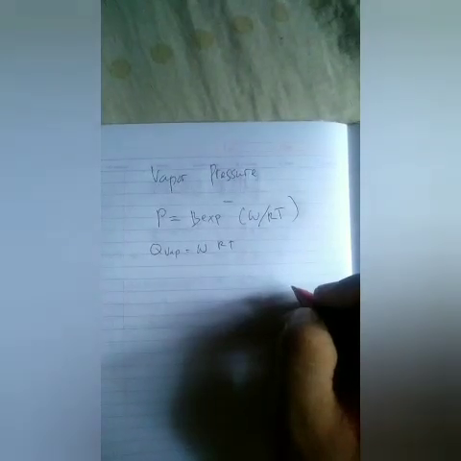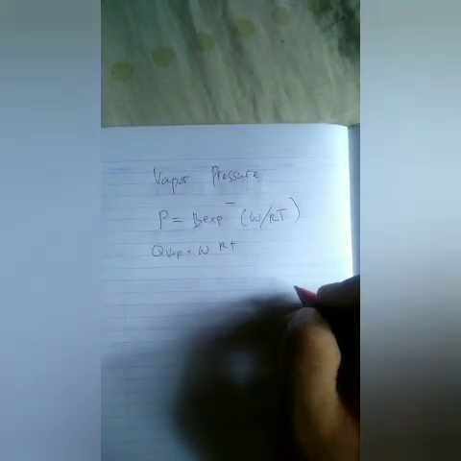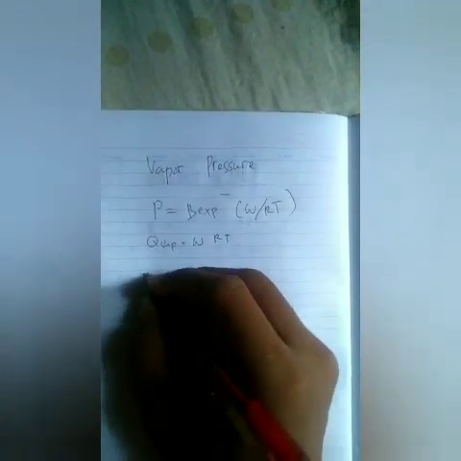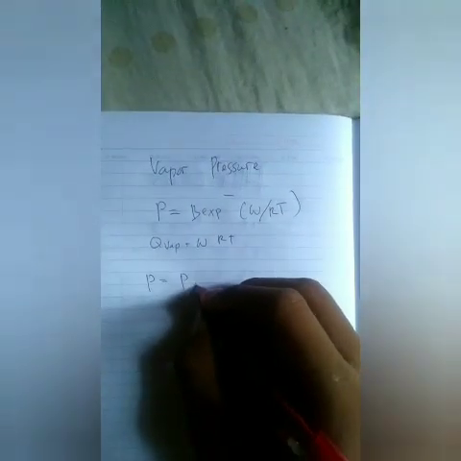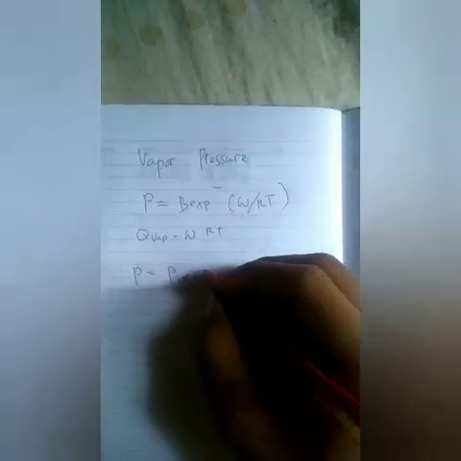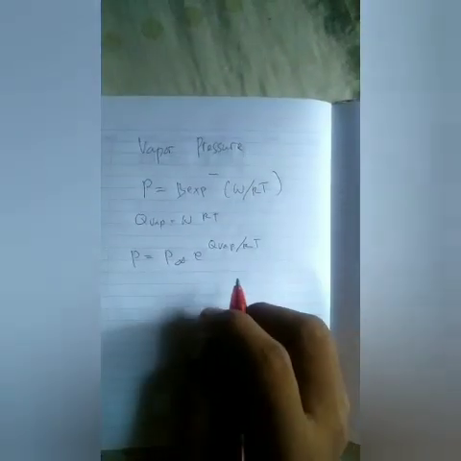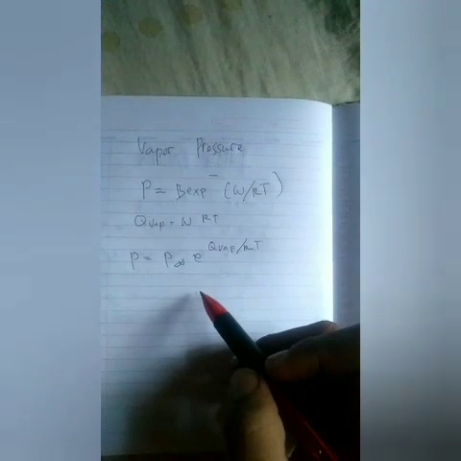Putting this value of W in the expression for P, we obtain pressure equal to P naught exponent minus L vaporization divided by RT, where P naught is also a constant.